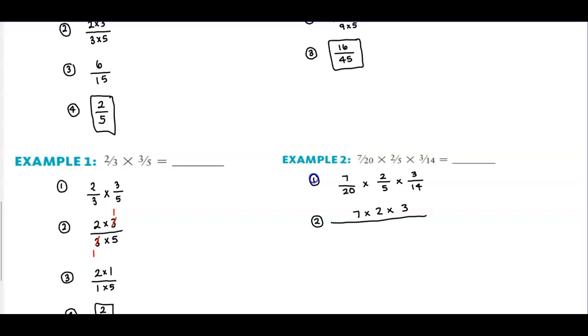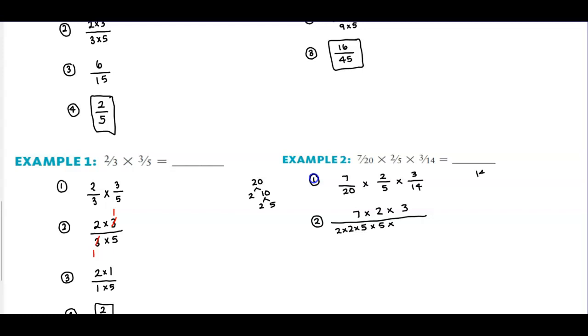Now, what's the prime factorization for 20? Well, this is 2 times 10, which is 2 and then 5. So we know that 20 can be written as 2 times 2 times 5. And then we have this 5 underneath the 2, so that's times 5.